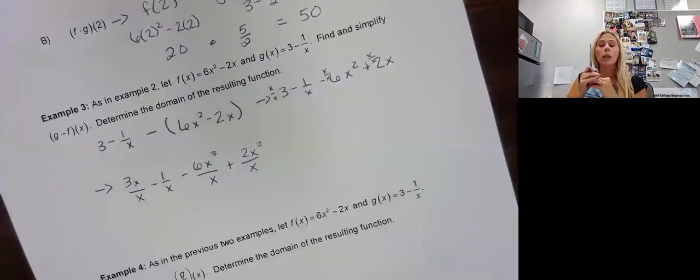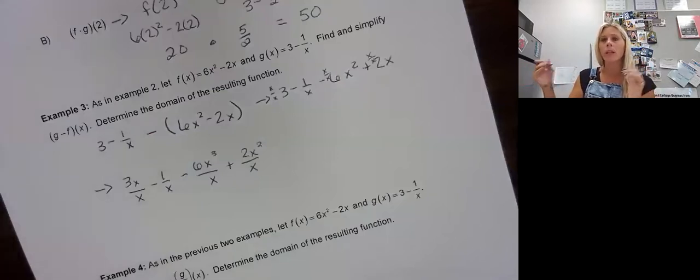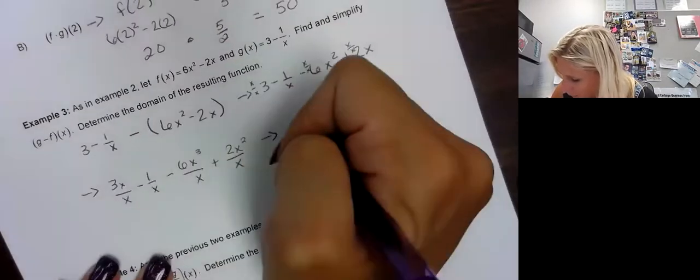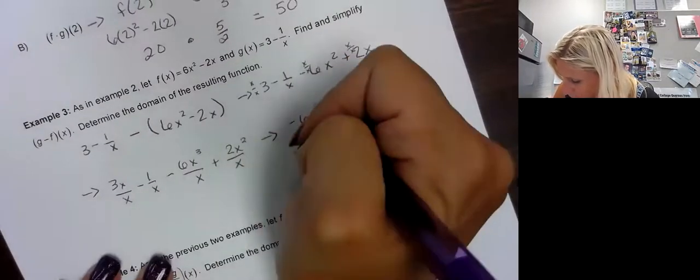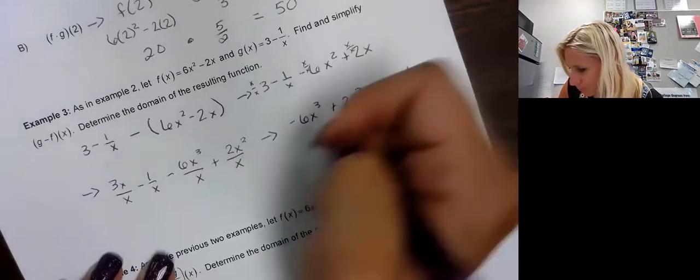Okay, what we're going to do now is bring it all together so it's over the same denominator. And by the way, I'm going to order from largest exponent to smallest exponent in the numerator. Okay, so I would get negative 6x cubed plus 2x squared plus 3x minus 1 all over x.